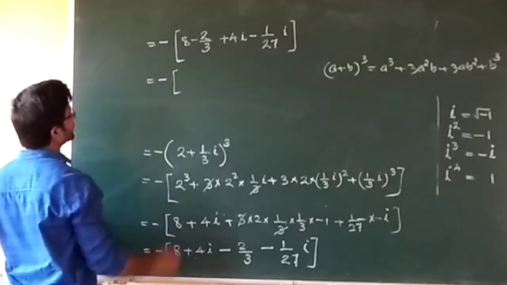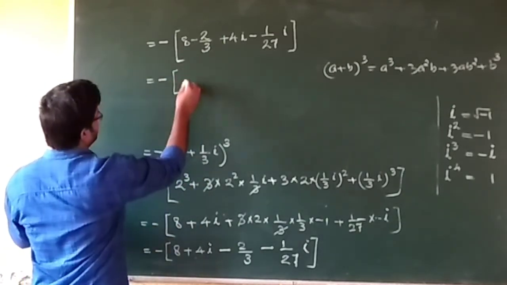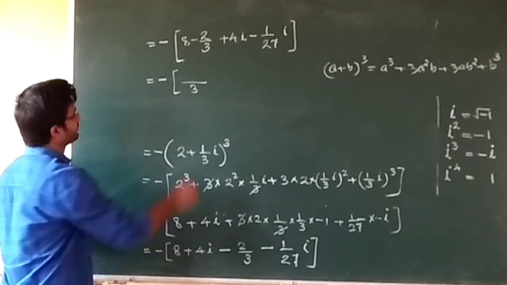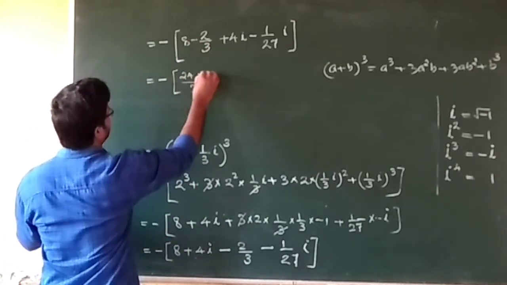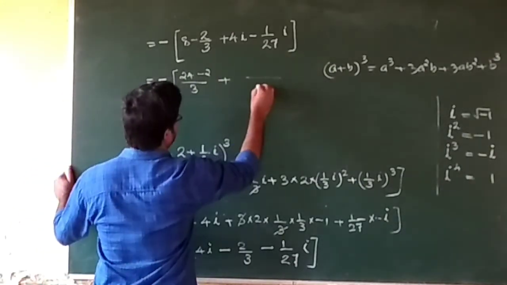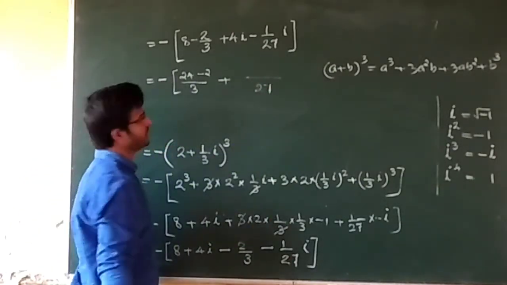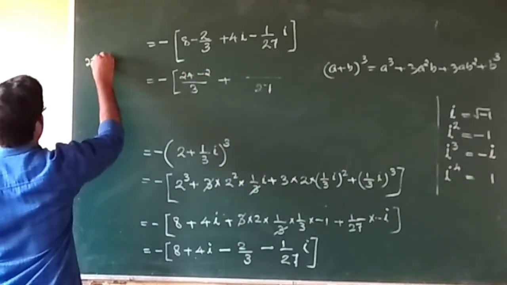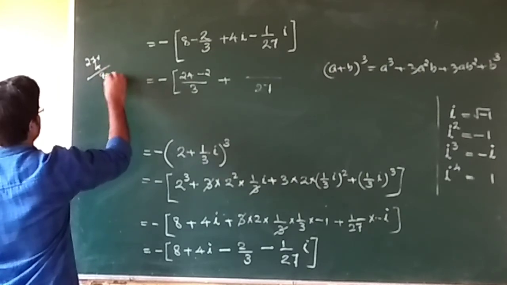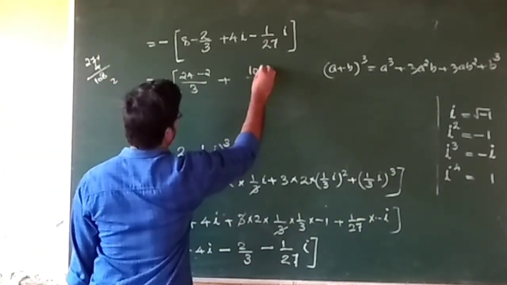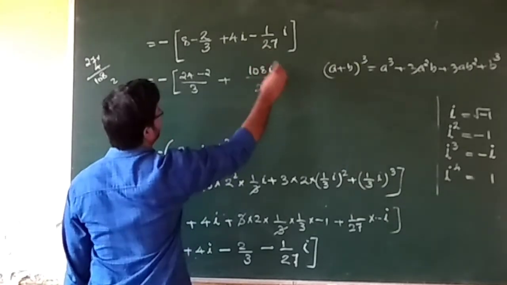Minus, take LCM. What is the LCM in the real part? 3. 8 into 3, 24, then minus 2. Here also take LCM in the imaginary part, that is 27. Then multiply 4 into 27, that is 108. 108i minus 1i.